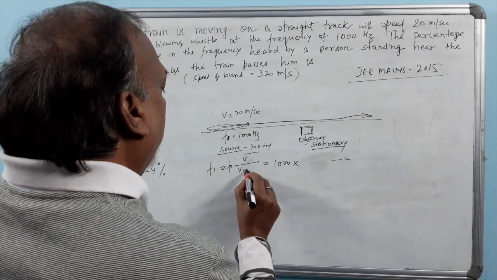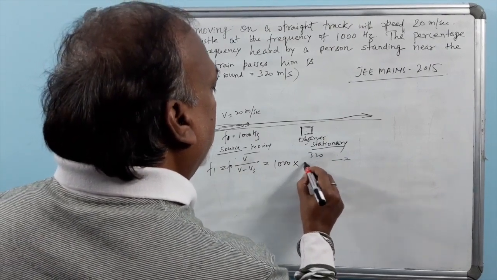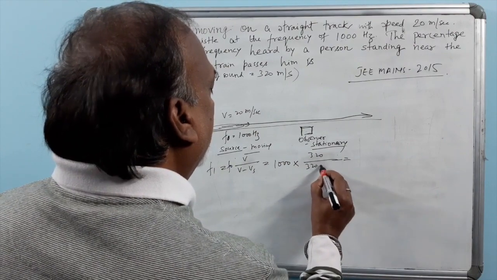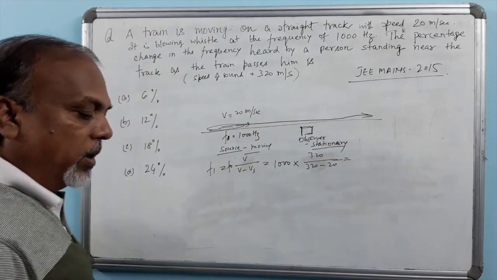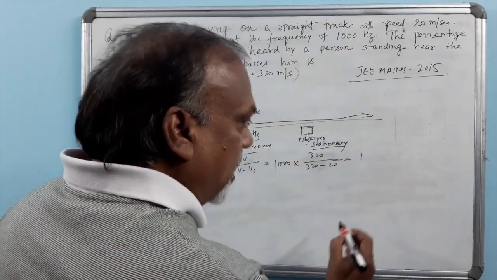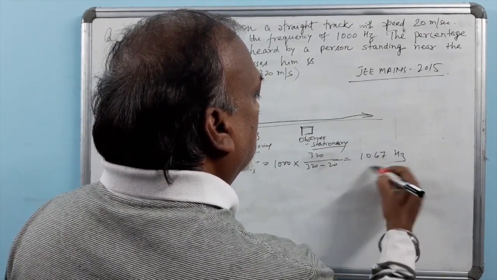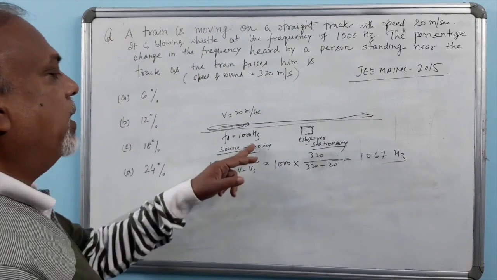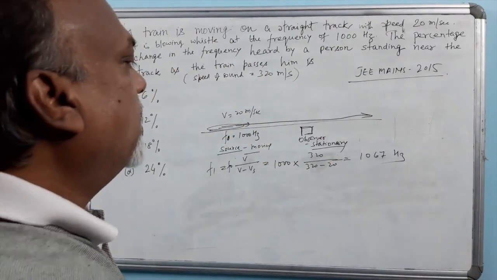It is nothing but 1000 into 320 upon (320 − 20), and if you calculate, this will come as 1067 hertz. It will be more than the original because the source is moving towards the observer.